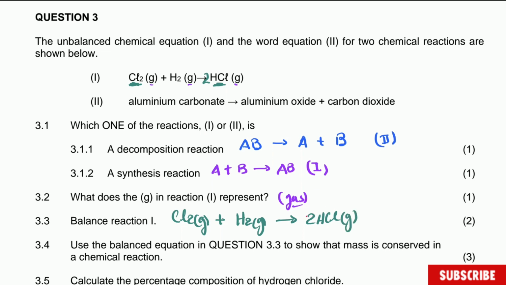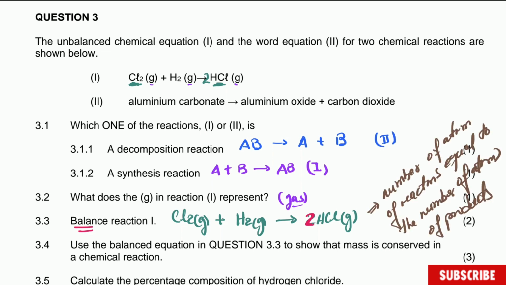The only number we change is this one here. Remember, for balancing an equation, the number of atoms must be the same. Alright? So you need to know that the number of atoms of reactants must be equal to the number of atoms of the product. That is in order for you to be able to balance the equation.